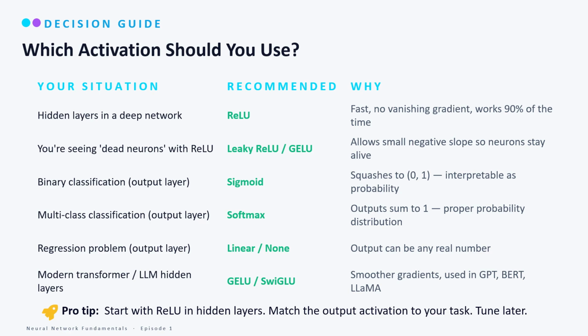Predicting a number like a price, use no activation or just linear. Building a fancy transformer like GPT, they use GeLU or SwiGLU. This is the pro tip. Start with ReLU, match the output to your task, tune later, that is it.